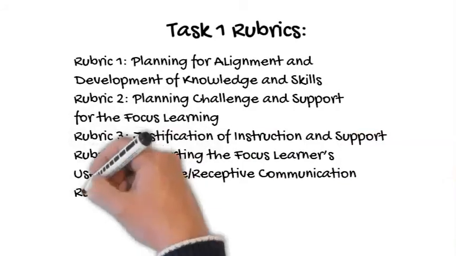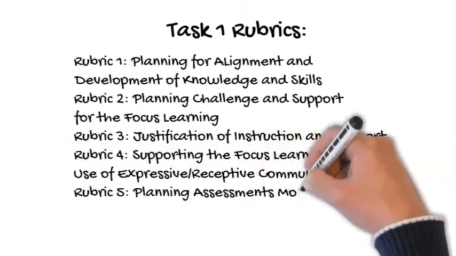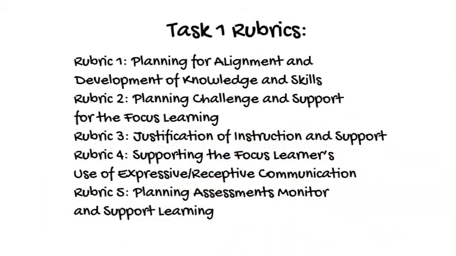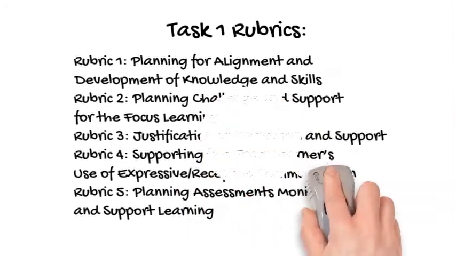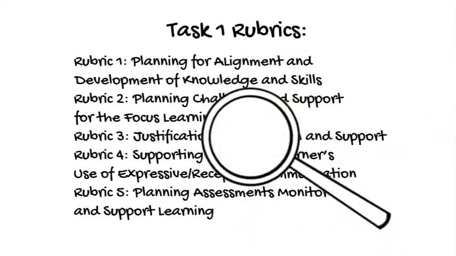Rubric 5, Planning Assessments to Monitor and Support Learning. Please take time to carefully read each of these rubrics as you are completing each task. Compare your write-ups to each appropriate rubric to ensure you have included all necessary descriptive information to obtain the level that you desire.